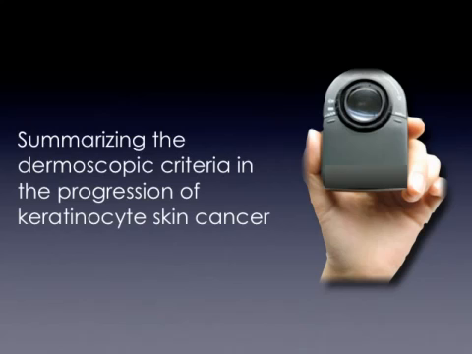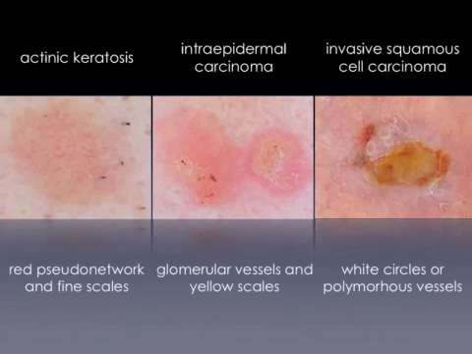So summarizing the dermoscopic criteria in the progression of keratinocyte skin cancer, we learned that actinic keratosis most commonly shows a red pseudonetwork and fine scales, whereas intraepidermal carcinoma is characterized by glomerular vessels and yellow scales.